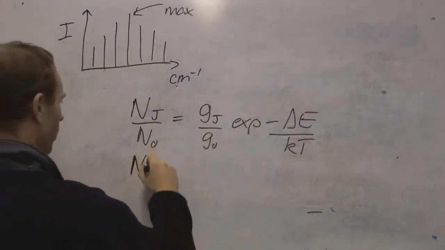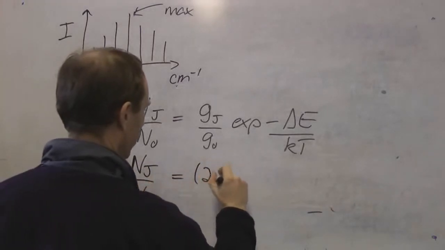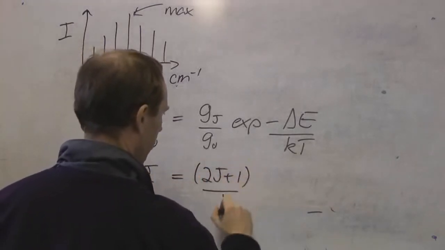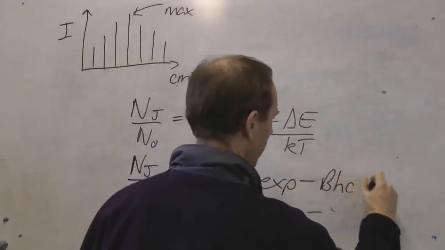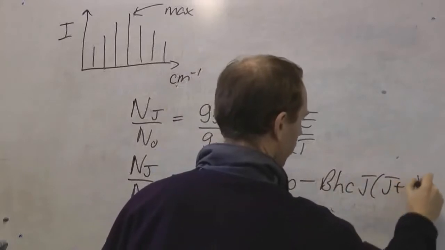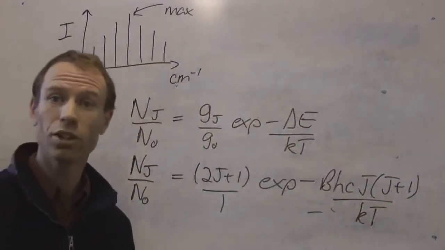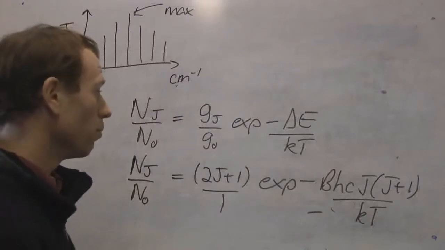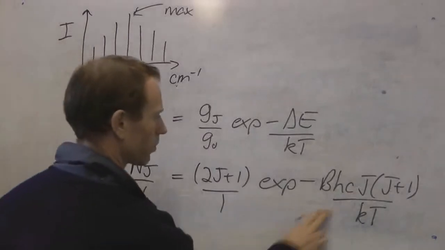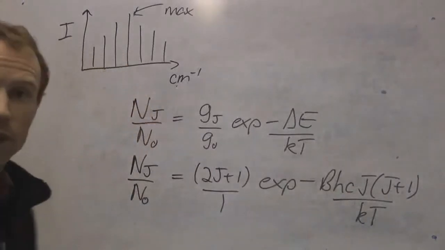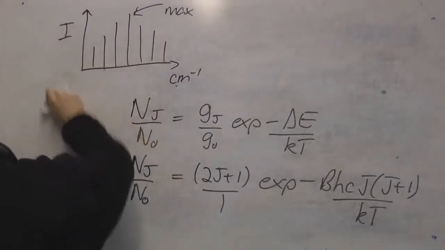So N_J upon N_0 is equal to (2J plus 1) upon 1 times exponential of minus BhcJ(J plus 1) upon kT. That's the equation we need to work with to find out where this maximum occurs. What I'm going to do now is make a bit of space on the board, and then we can start thinking about how we're going to do this.